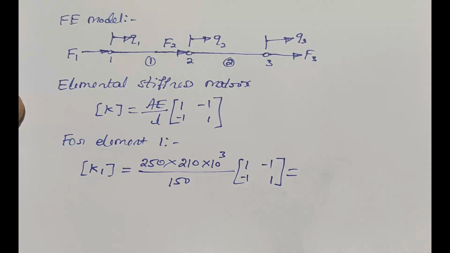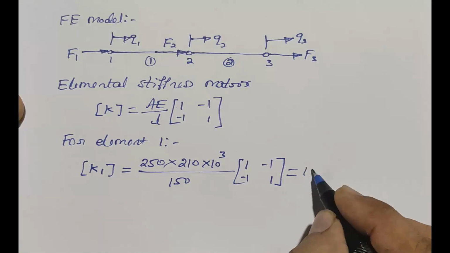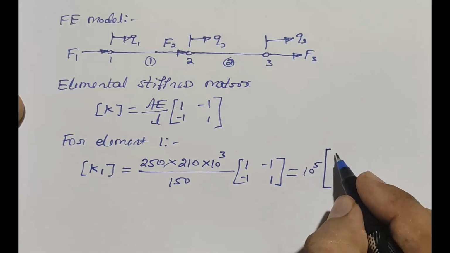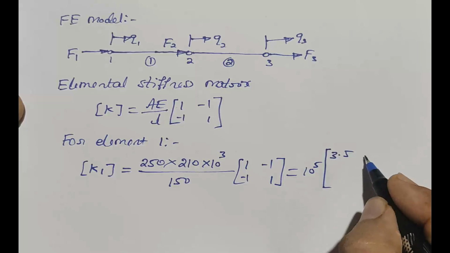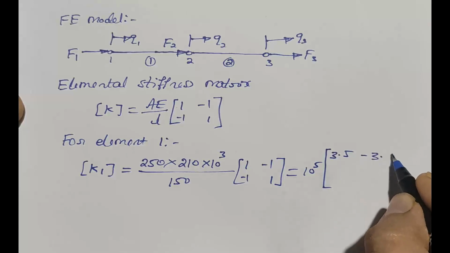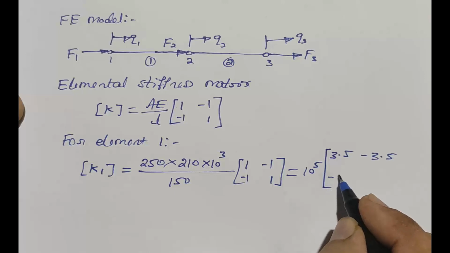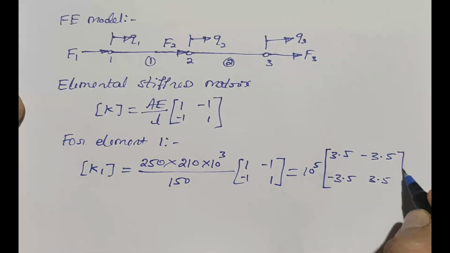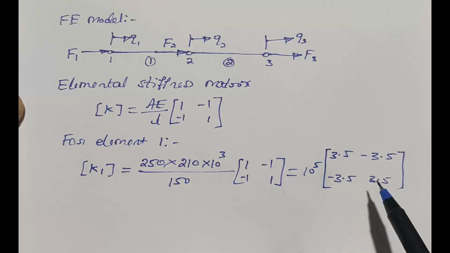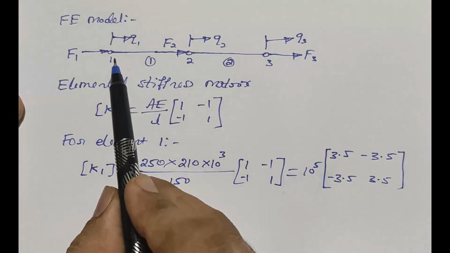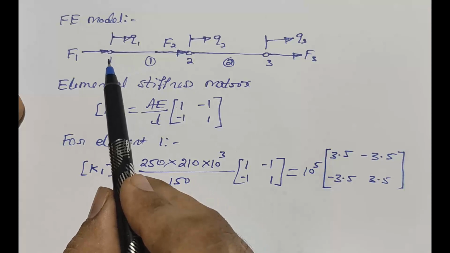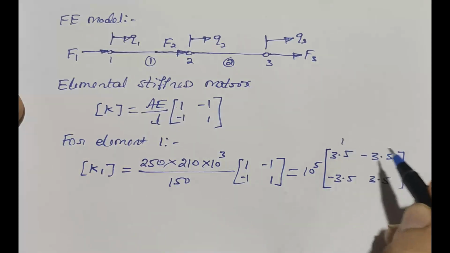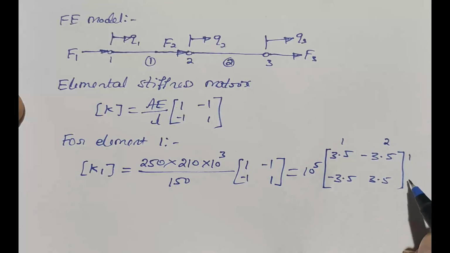If you simplify this, you will get 10 power 5 outside, [3.5 -3.5; -3.5 3.5]. Now here you have to give the node numbering. See the FE model, element number 1, it connects node number 1 to 2. That's why here you have to give numbering 1, 2, 1, 2.